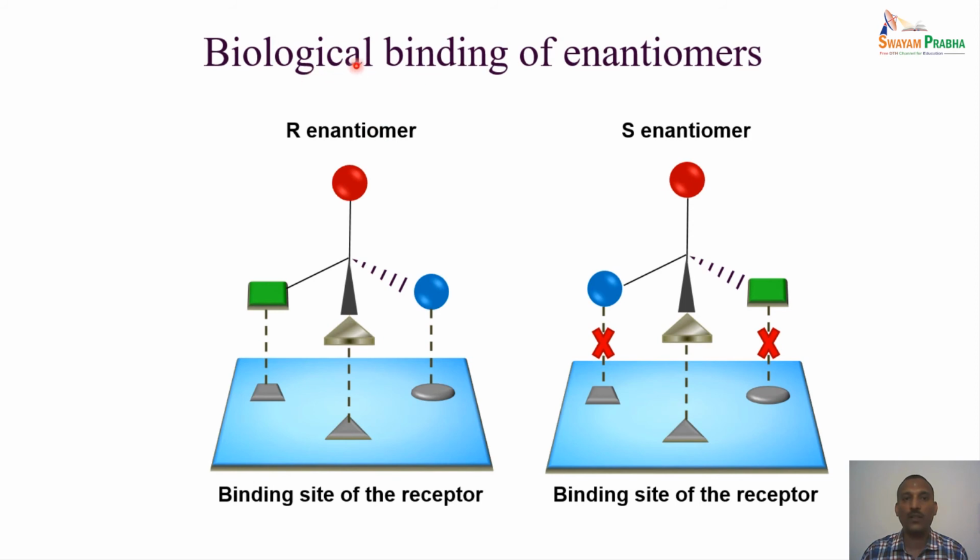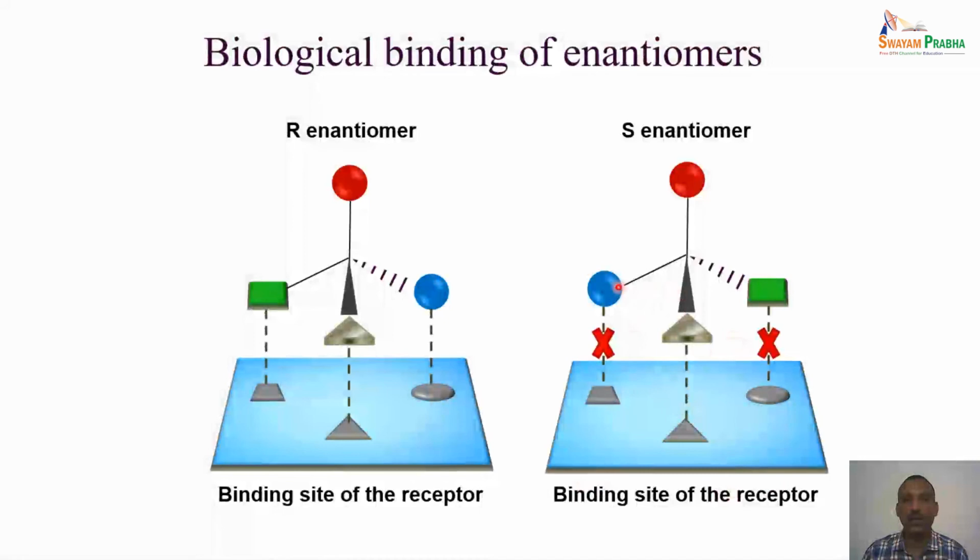Another important thing is the biological binding of enantiomers. In this particular example, the R enantiomer exactly fits in the binding site of the receptor for its favorable action, whereas the S enantiomer, where the two groups, the circle and the square which I have shown here, are exactly the mirror image, does not fit exactly in the binding site of the receptor.